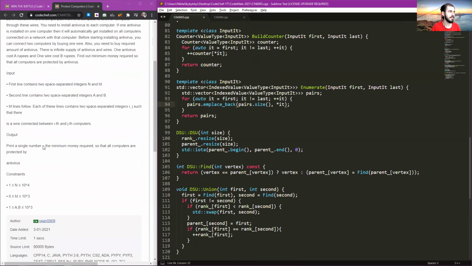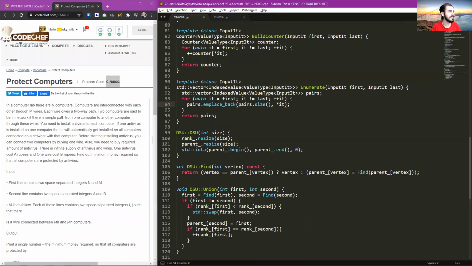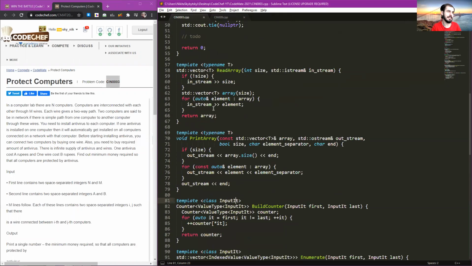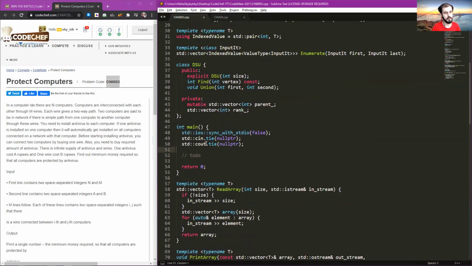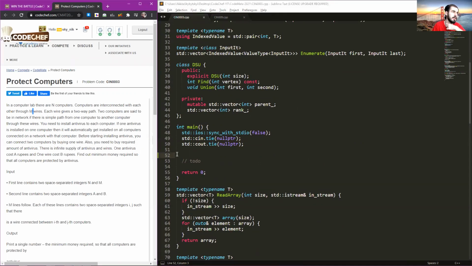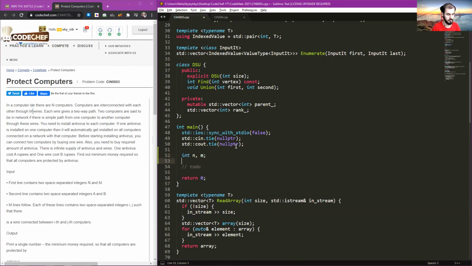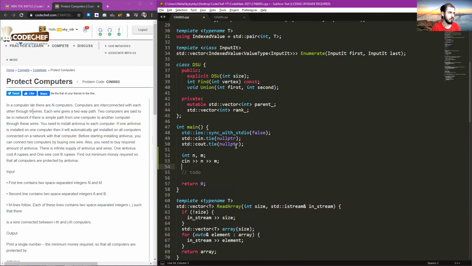No input files, no sample test cases. What? Okay, actually, it's more interesting. Computer lab and computers. Computers are interconnected with each other. Okay, so we have a graph. Second line contains A, B, whatever.